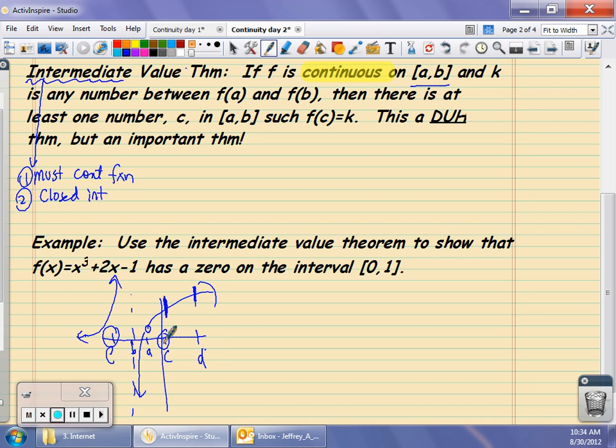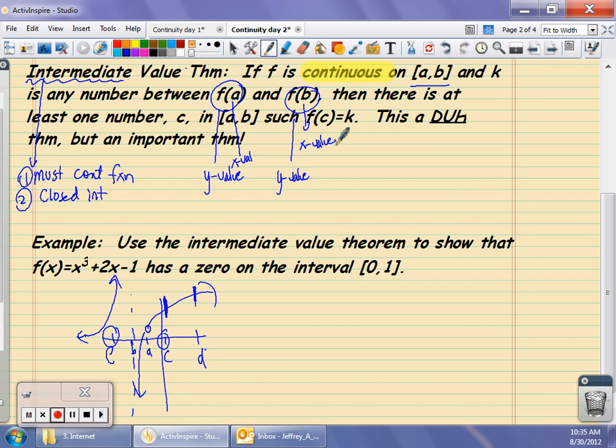All right, if f is a continuous function on a closed interval and k is any number between f of a, now keep in mind f of a is a y value, a is an x value, f of b is also a y value, and b is the x value that generates that y value.